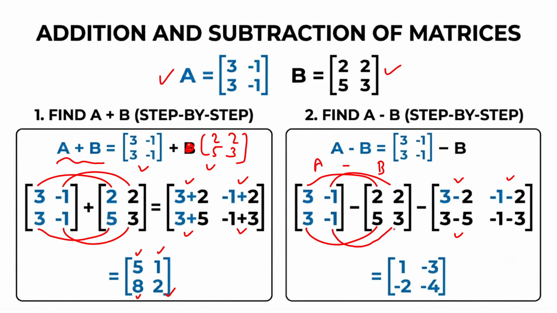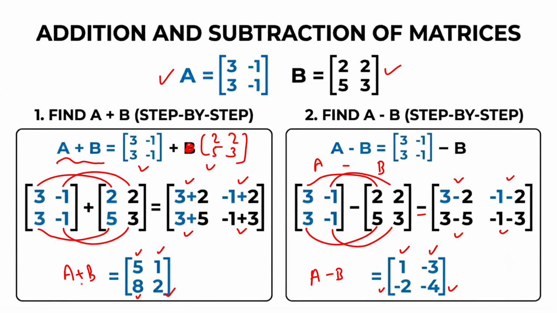And finally the last element with the last element, that is minus 1 minus 3. Okay, now I'm just subtracting. So 3 minus 2 will be 1, minus 1 minus 2 will be minus 3, 3 minus 5 will be minus 2, and minus 1 minus 3 will be minus 4. So this will be your A minus B matrix, and this will be A plus B matrix.